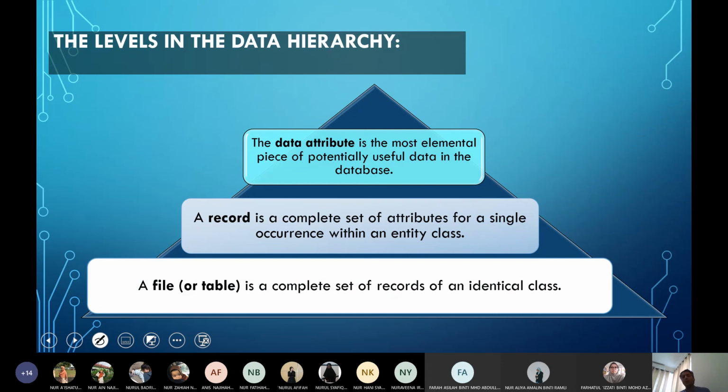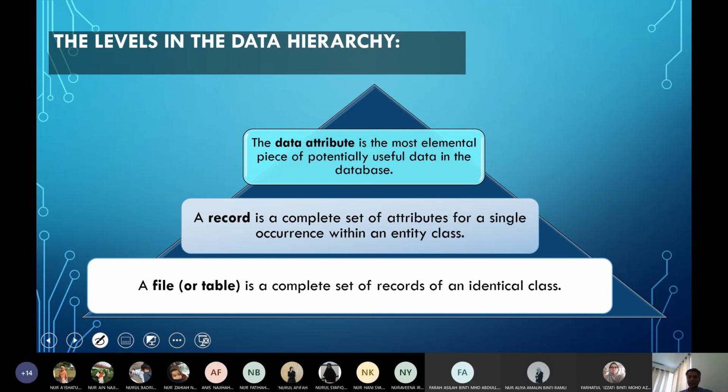Okay, so now we move to another subtopic related to the database and data components or elements. Within the database, there are three levels in the data hierarchy.